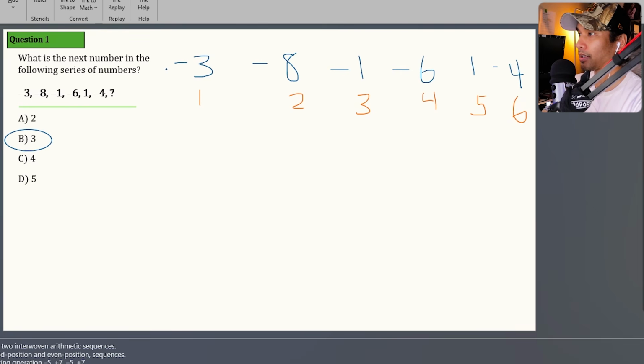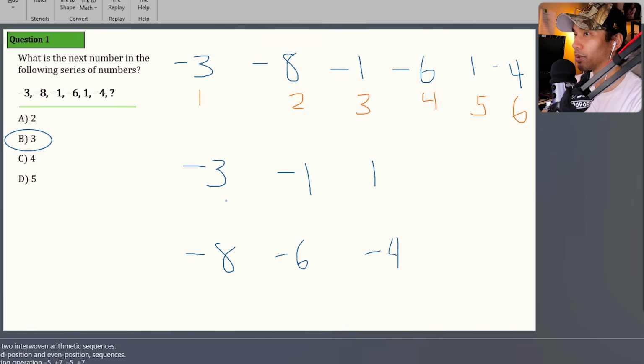I'm going to write the odds down: -3, -1, and 1. And then I'm going to write the evens down: -8, -6, and -4. Now I'm going to do exactly what I did last time to figure out what's going on in between each of the numbers.